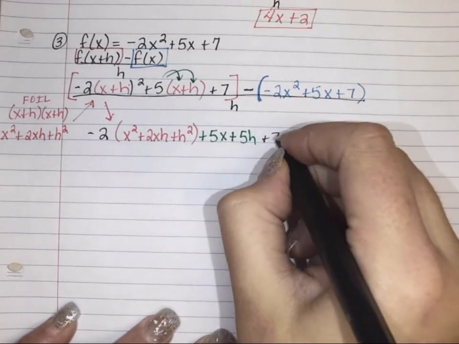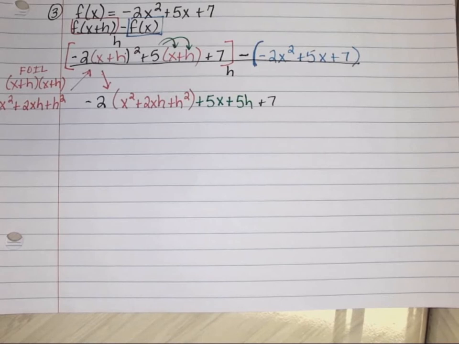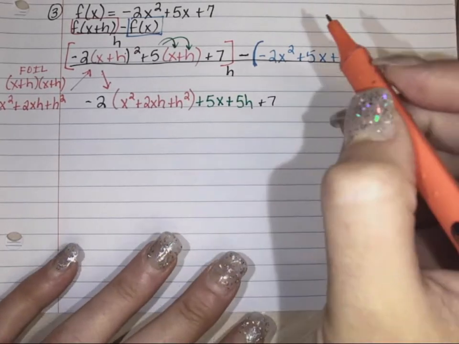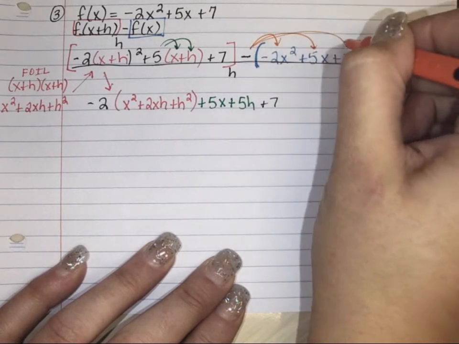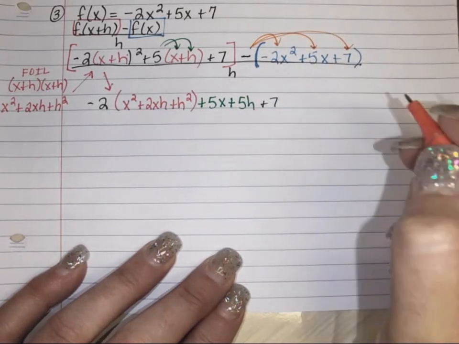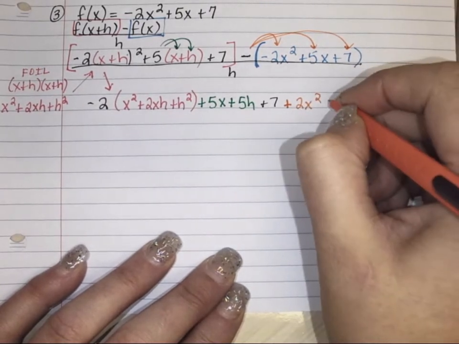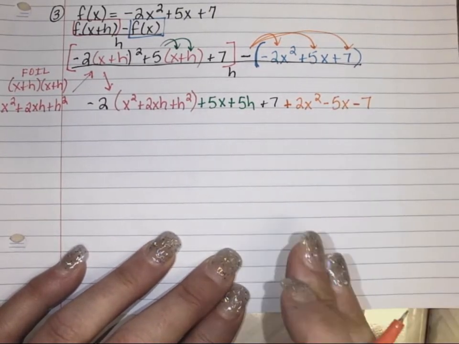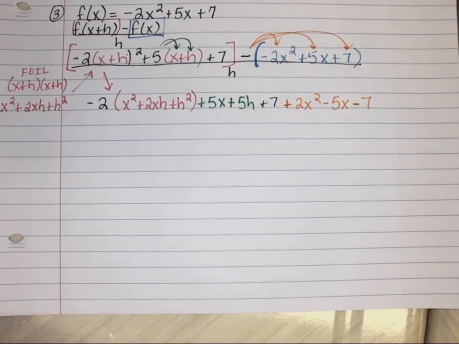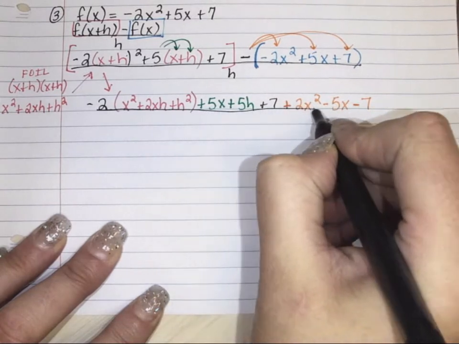Bring down plus 7. And let's change the sign. So you got to make sure you distribute that negative sign to everything over here. So this is going to become plus 2x squared minus 5x minus 7. And that was all over h.